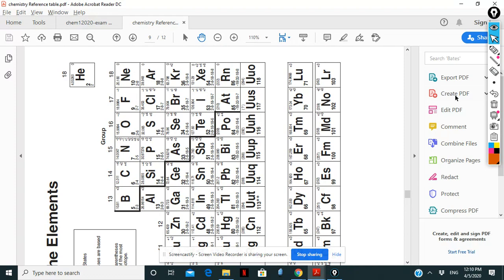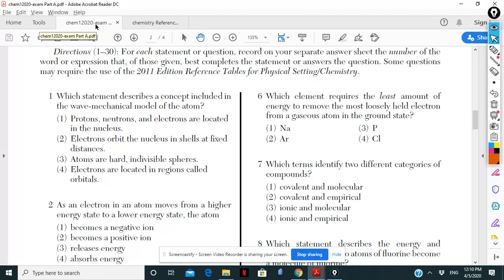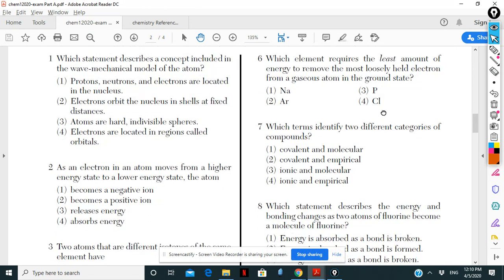So the least one, as we know the trend, if you're going from the left to the right, your electronegativity is going to increase. And to lose an electron with the least amount of energy means you should have the least electronegativity, and that's a character of sodium. So the answer is number 1.